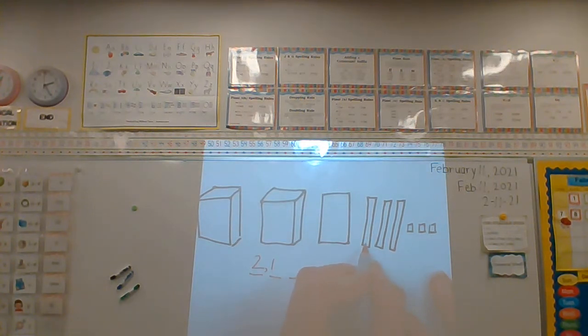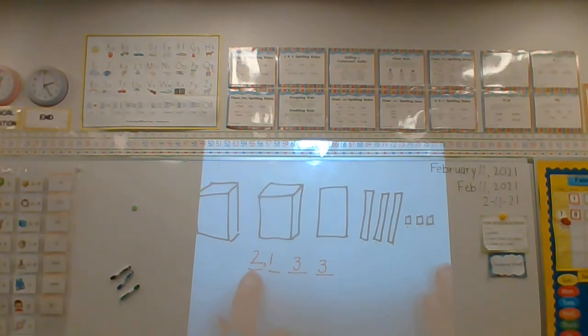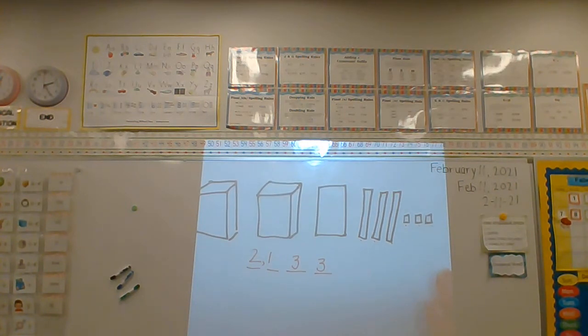How many 10 sticks? 1, 2, 3. How many units? 1, 2, 3. Secret number is 2,133.